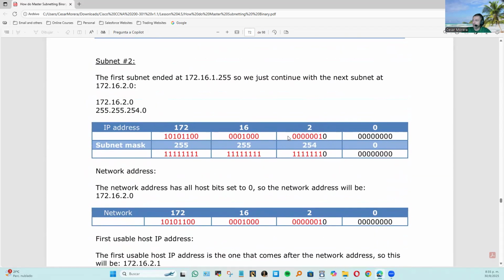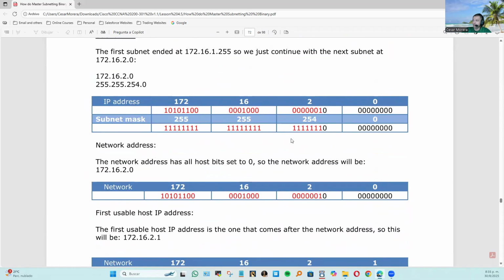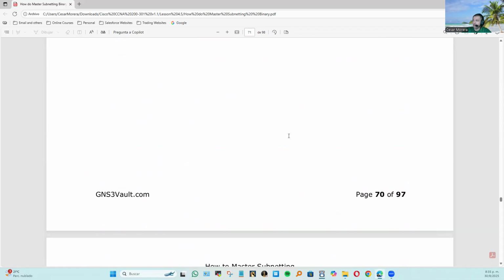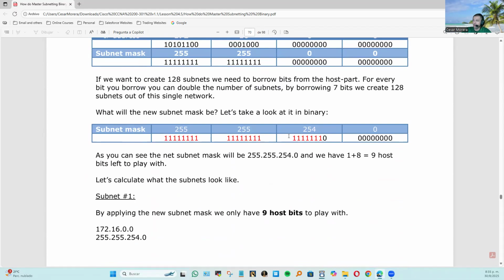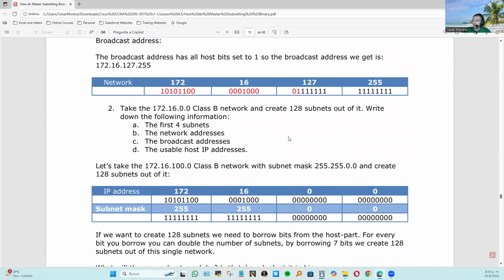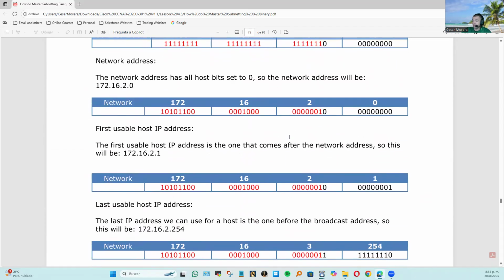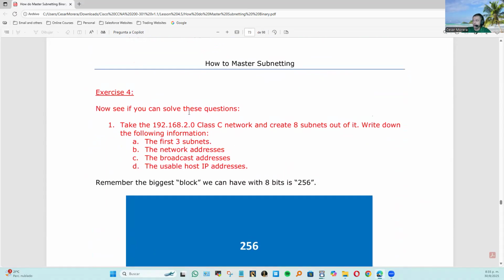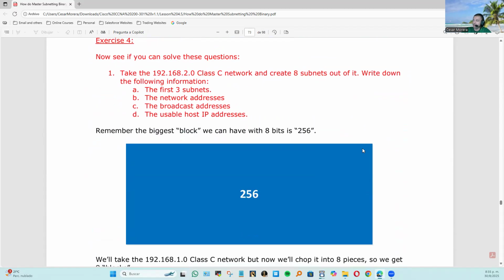Let's look it up. I see some networks here. Are they from the VLSM section that we have been working on? That's the big question. Let me just double check here. Okay, yes, this is the VLSM section. This is actually page 73, where you can see the answers there.